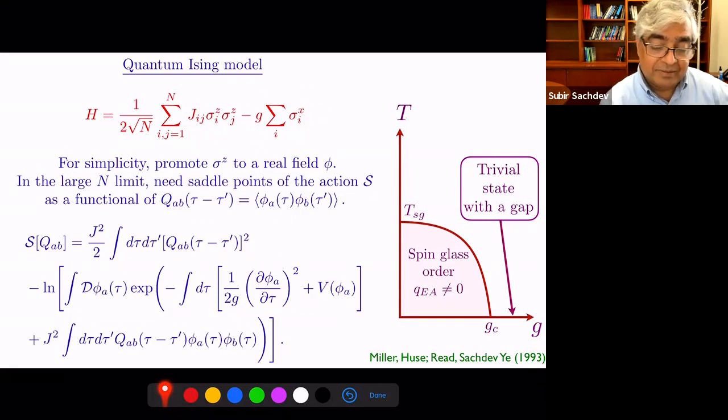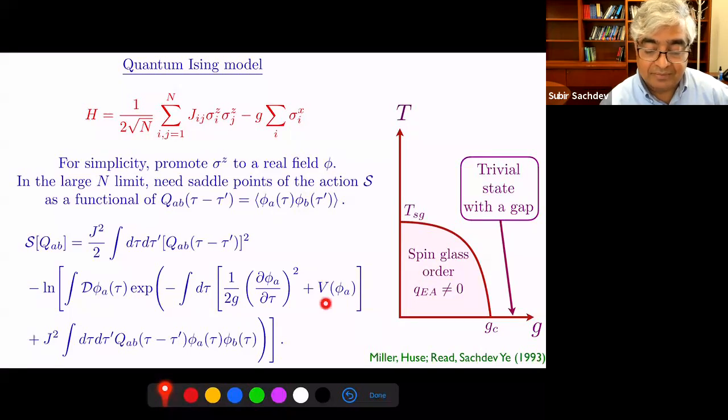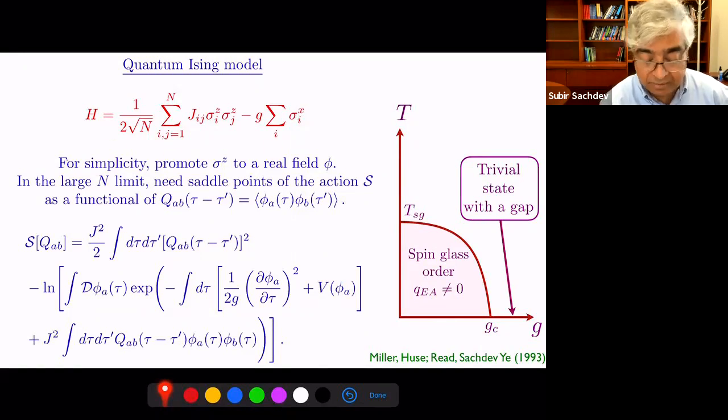It's a little bit easier to just replace this Ising variable by a real field phi at the cost of some potential V(phi), which is minimum at phi equals plus or minus 1. Let's just do that, but the same results apply for this model too.